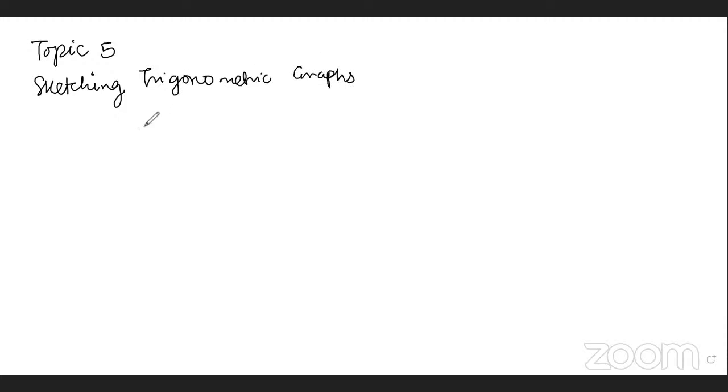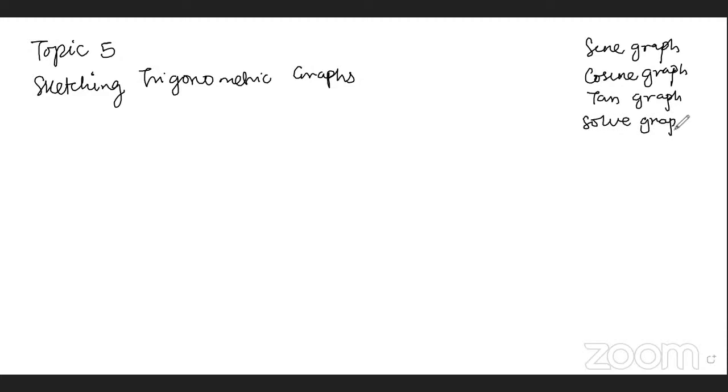Okay, I told you about the period. So you need to know how to sketch the sine graph, cosine graph, and their transformations, the tan graph, and you need to be able to solve trig equations graphically, okay? These are the things that you're supposed to know for topic 5, okay?